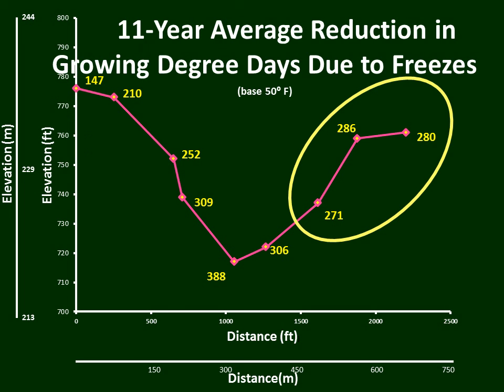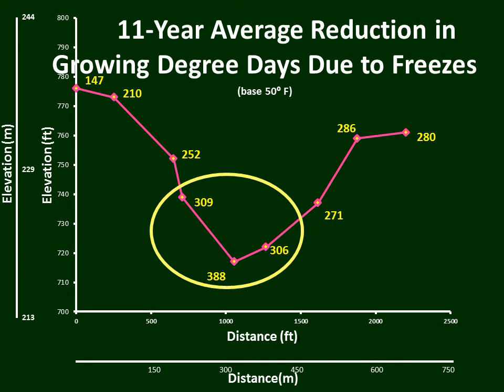When we got to the other side of the valley, that is the south side of the valley but facing north, we began to lose more growing degree days due to freezes, and it approached, but not quite, getting towards 300 growing degree day units that we lost due to freezes in the spring and fall.